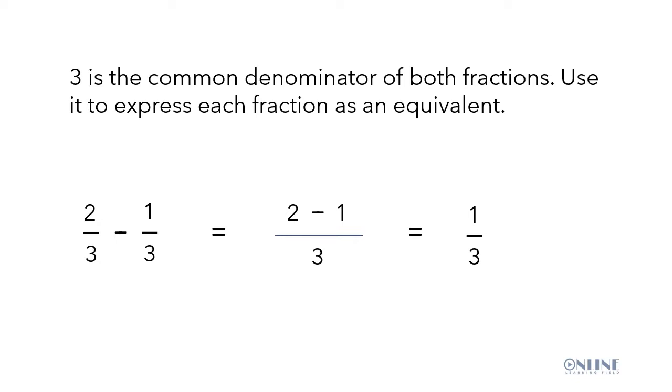So 2 minus 1 is 1, and that becomes the new numerator, while 3, which is the common denominator, remains as the denominator of the new fraction. The new fraction is 1/3. So 2/3 minus 1/3 equals 1/3.